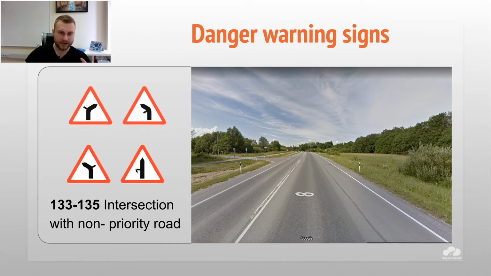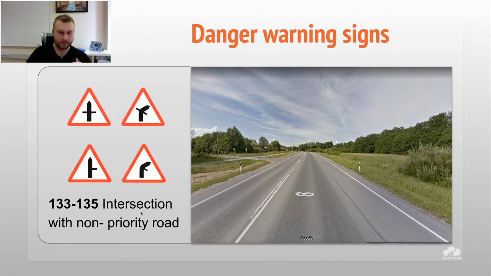If you see it's on the left side, then in real life it will also be on the left side. And if you see you go left and you have an intersection on the left side, it means that in real life the same main road goes left, like here, and you have an intersection here on the bend, also on the left side, or like here you can see on both sides.